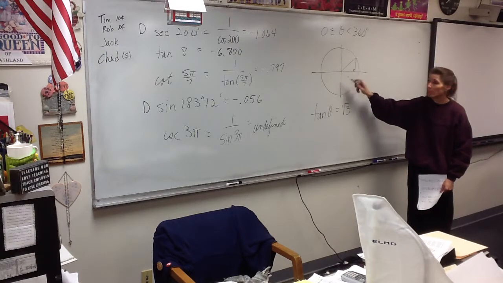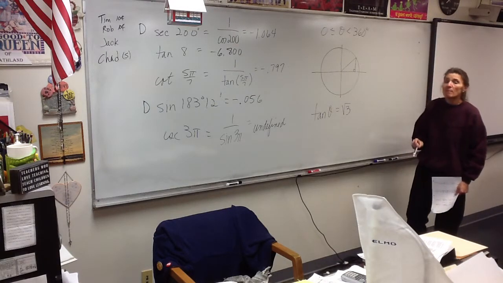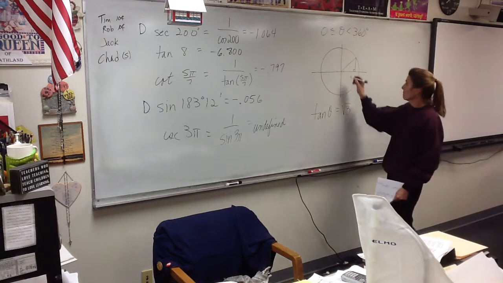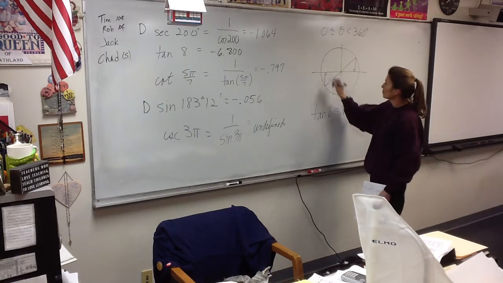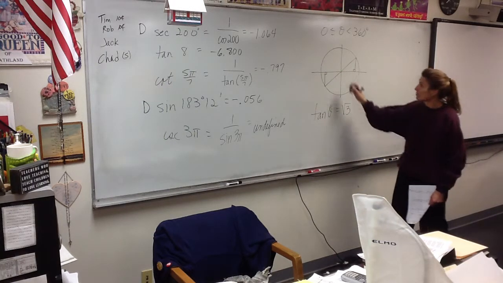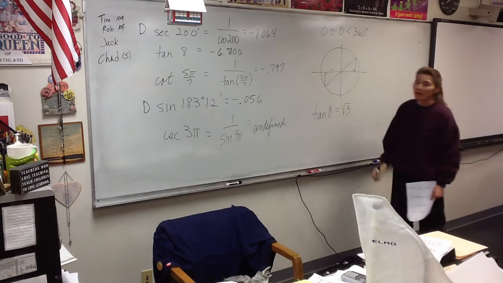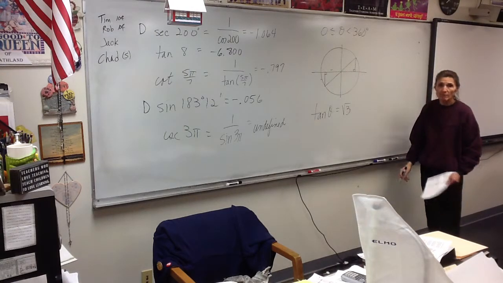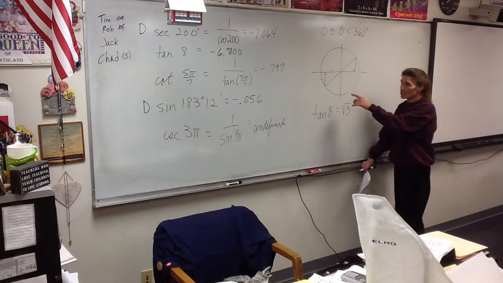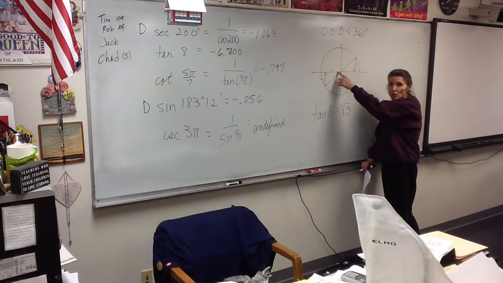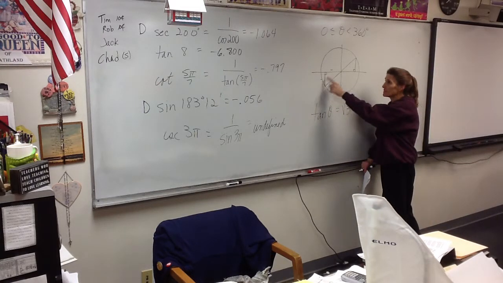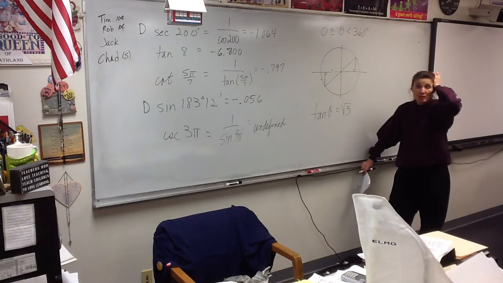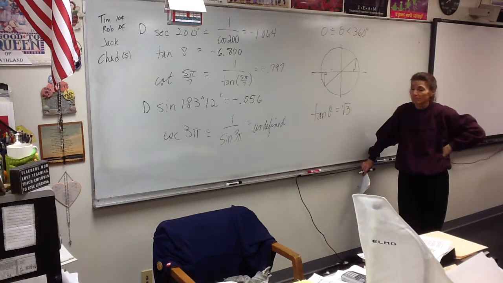Right and up, both positive. But the tangent could also be positive in quadrant 3. Because in quadrant 3, adjacent and opposite are both negative. So when you make the fraction opposite over adjacent, that's what tangent is, the fraction would come out positive.